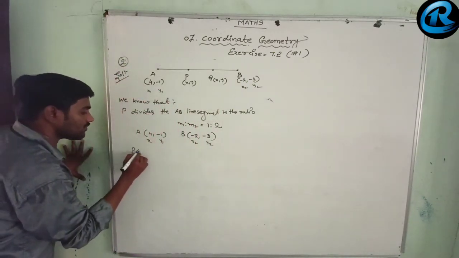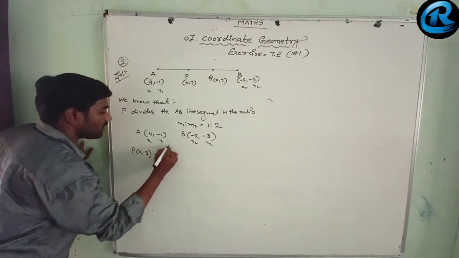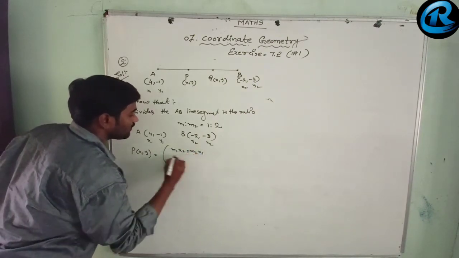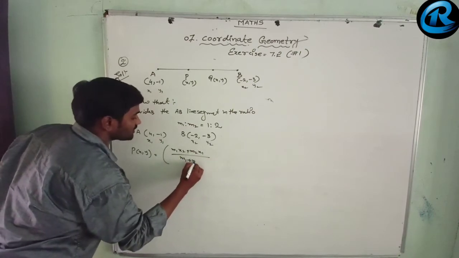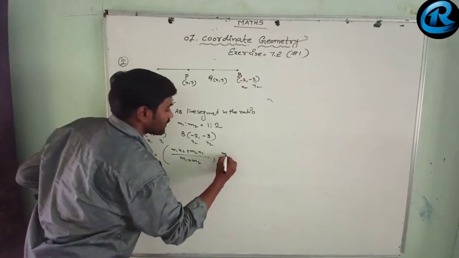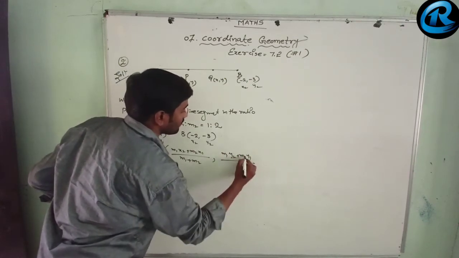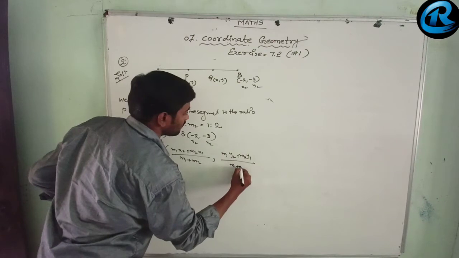The P(x, y) value we can find by using the section formula: (m1 x2 plus m2 x1) by (m1 plus m2), comma, (m1 y2 plus m2 y1) by (m1 plus m2).